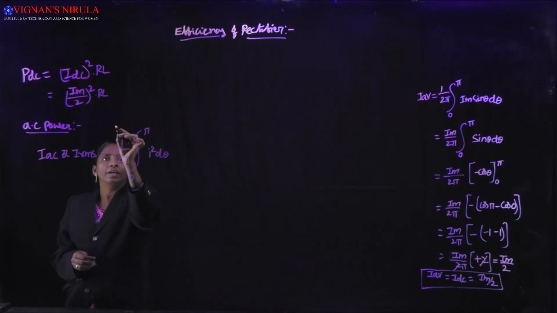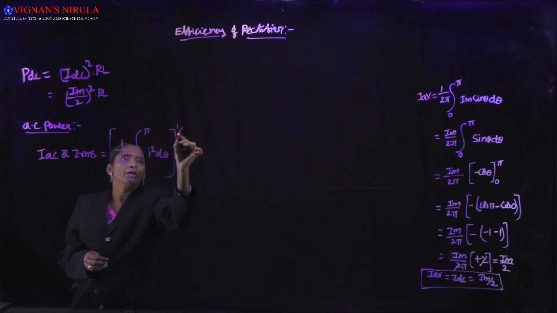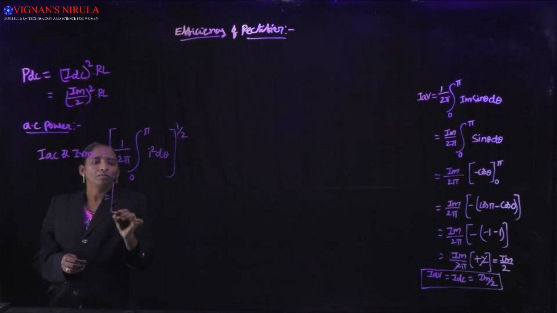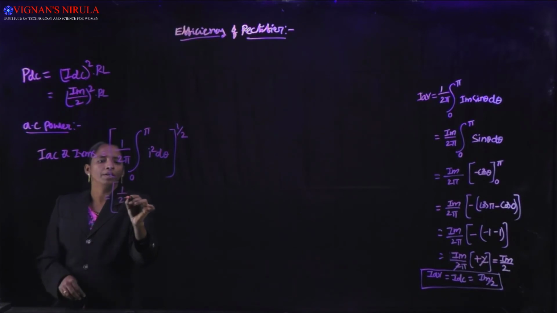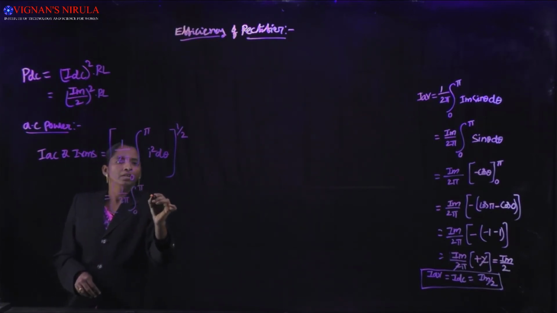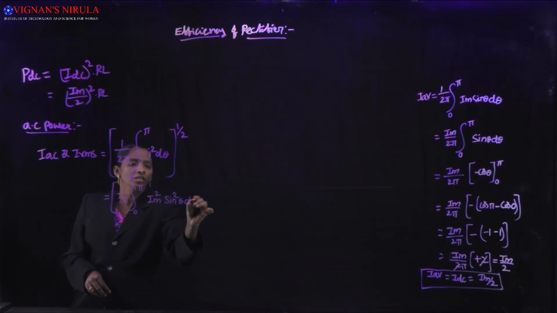Now substitute the value of I. Square root of 1 by 2 pi integral 0 to pi Im square sin square theta d theta.